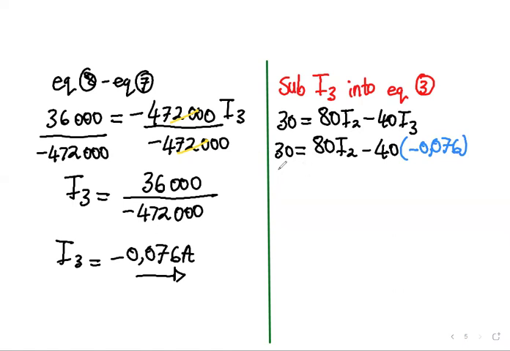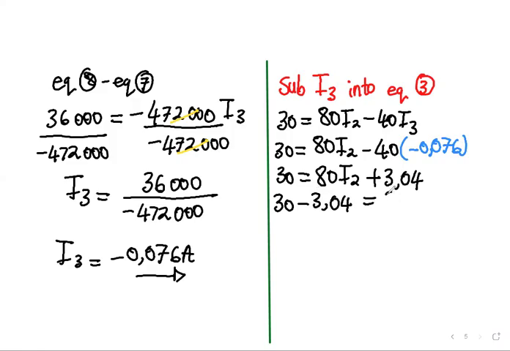So 30 equals 80 I2 plus, because negative times negative is positive, 40 times 0.076, that's positive 3.04. Then you take 3.04 to the other side, it's gonna be 30 minus 3.04 equals 80 I2.